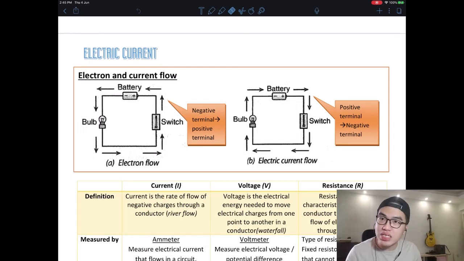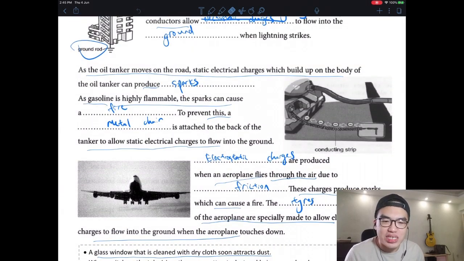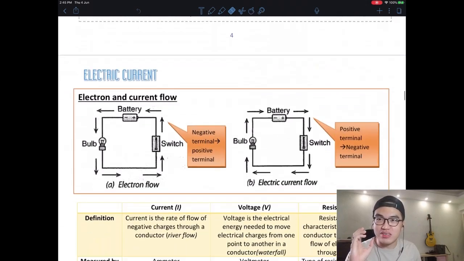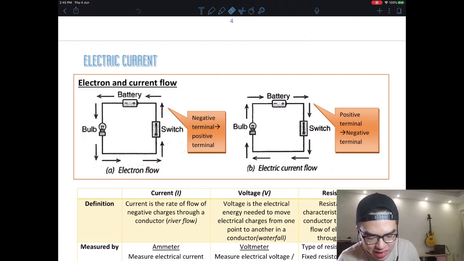Last 2 weeks we learned about static, which is electric charges in insulator. Today we are going to learn the proper one, which is electric charges in conductor. So first let's look at electric current.